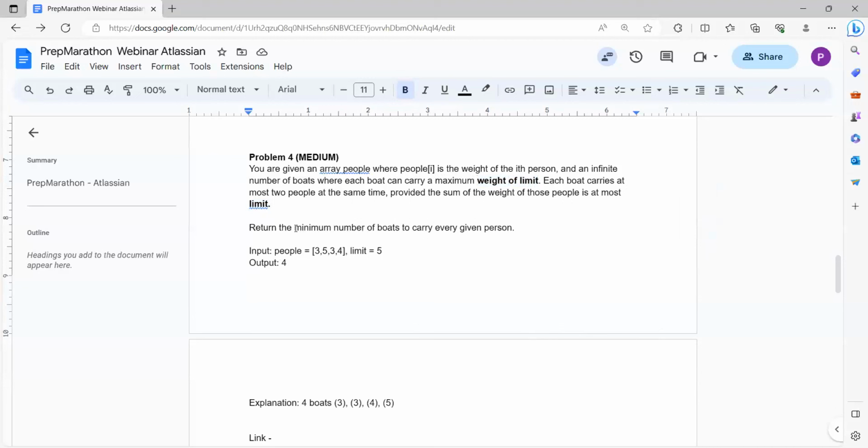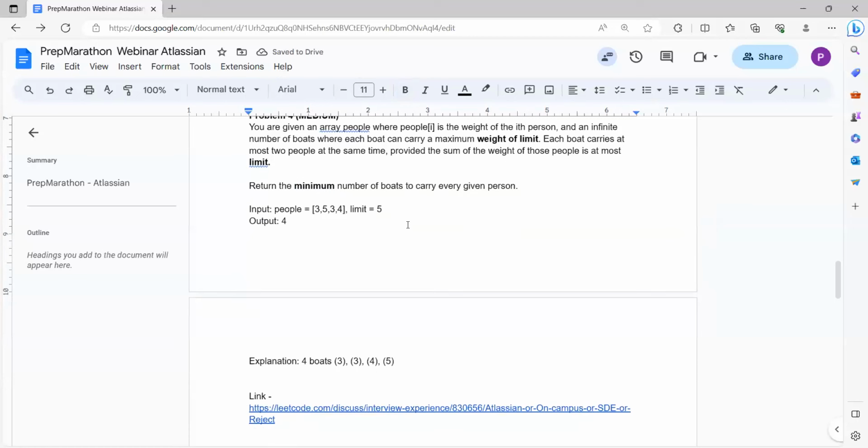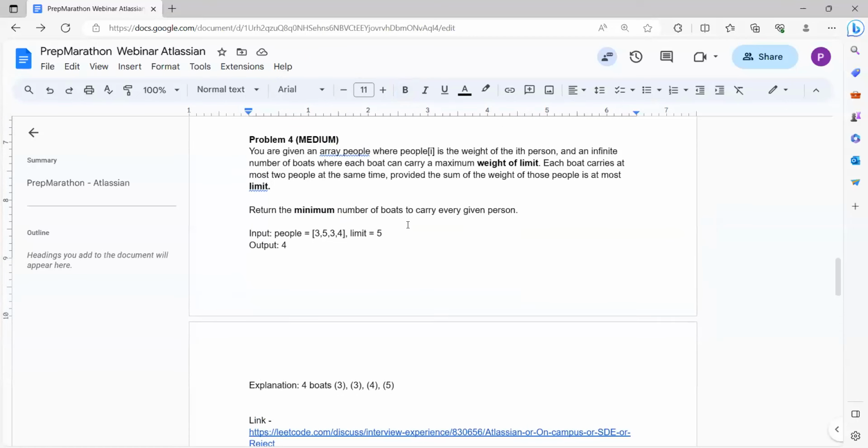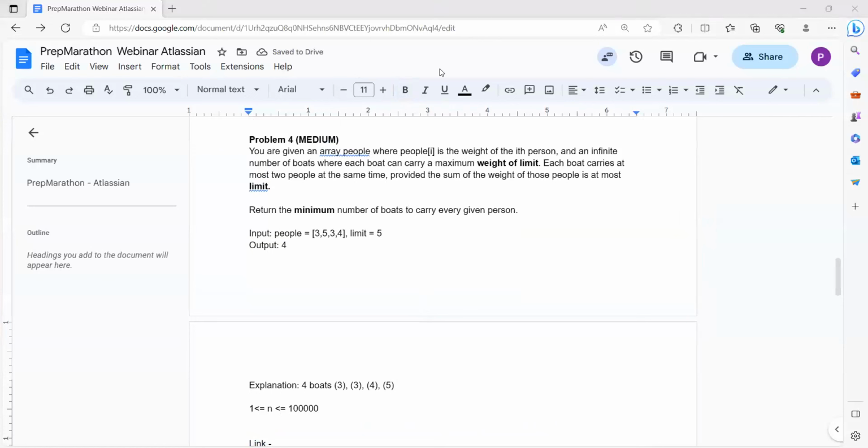Now you have to tell us what is the minimum number of boats required to carry every person. Let me also give you the constraints. The length of the array is up to 10 to the power 5. You can have 1 lakh elements. Give me a complete answer, Varun. You are just saying one-liners.